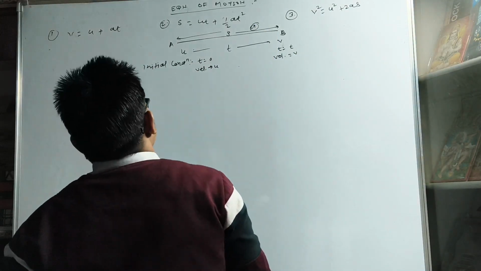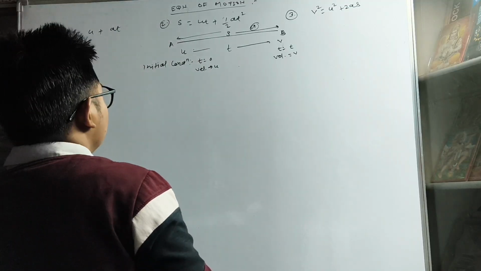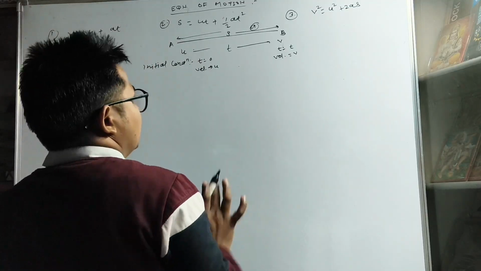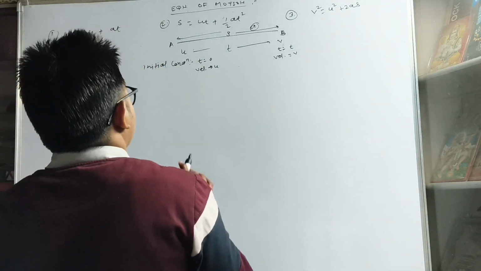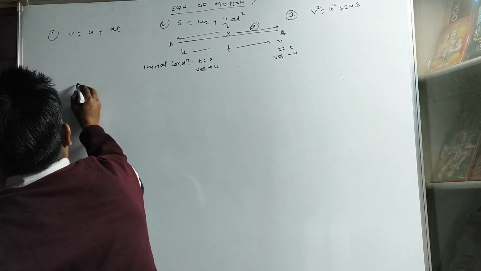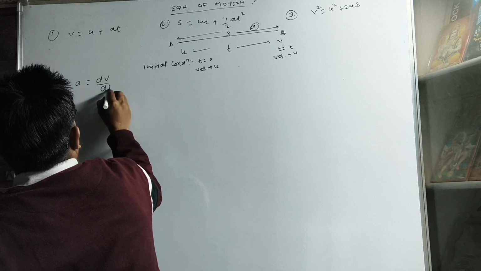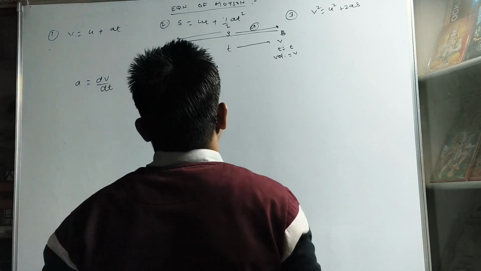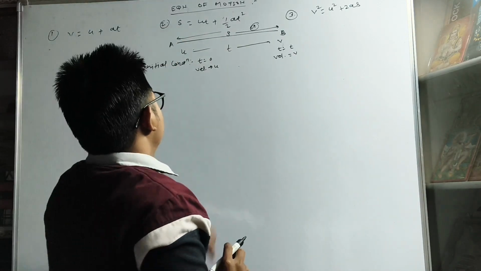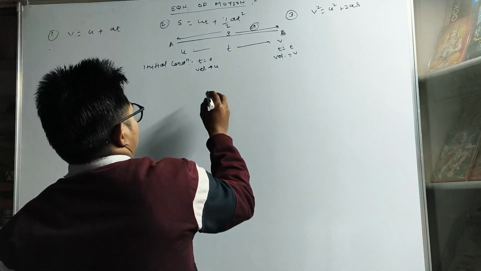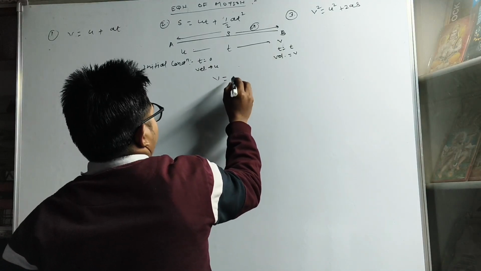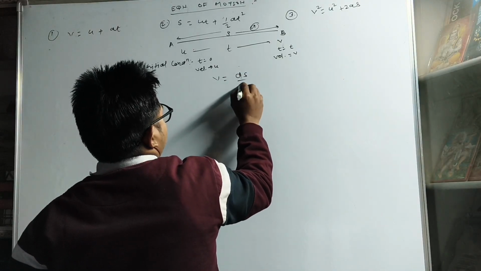In these three equations, first we have to apply the definition of acceleration. In the second equation of motion we have to find displacement, so we'll use the formula v equals ds by dt.